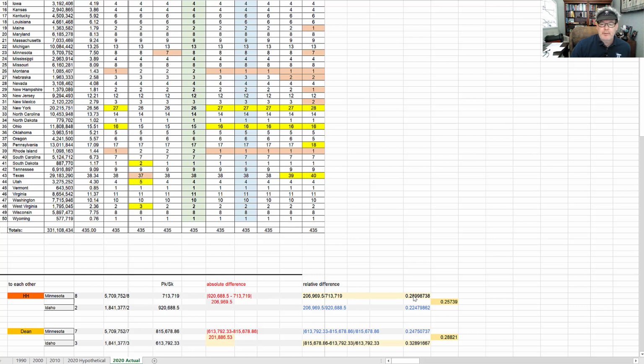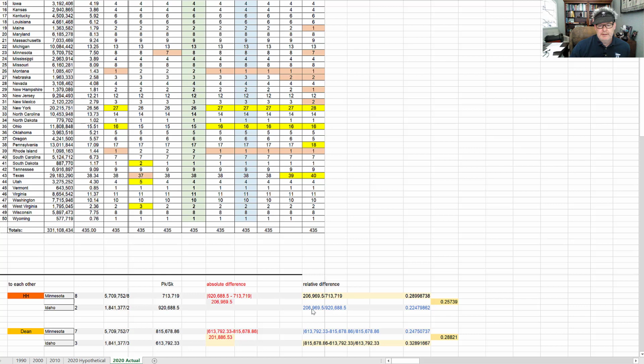And so that gives me this number. If I do it with Dean, take its absolute difference divided by the smaller of the two numbers, the 613, roughly, I get this bottom number. And it's a bigger number, so it has a bigger relative difference. Okay, so Dean has a smaller absolute difference, but the bigger relative difference.